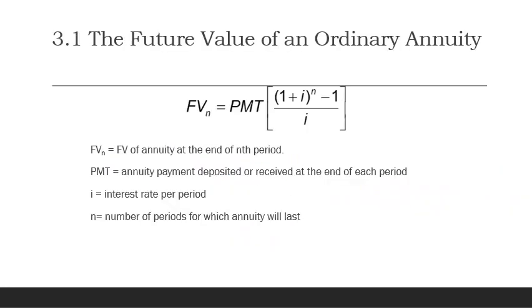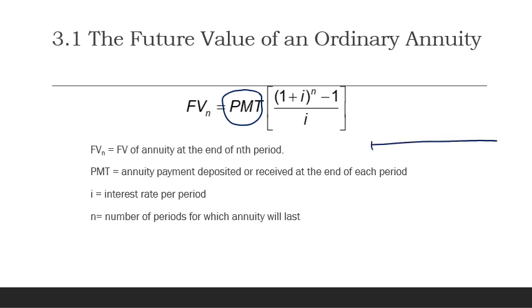So this is the mathematical formula for the future value of an ordinary annuity. If you look at this formula, there is a payment here. The payment is the annuity payment deposited.